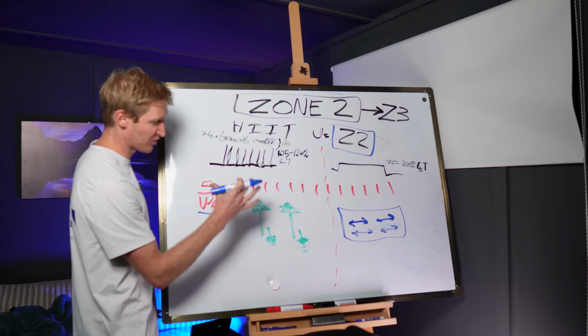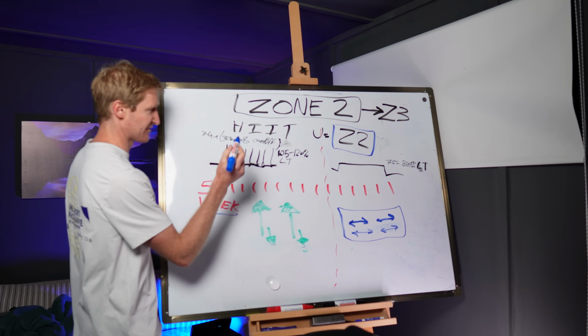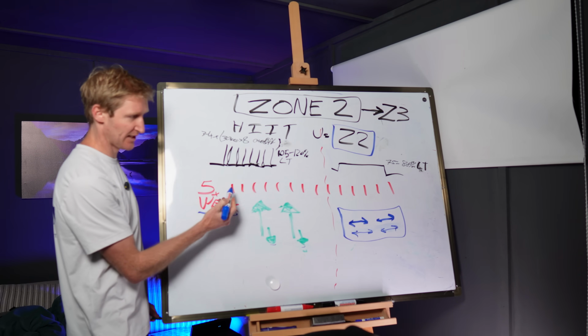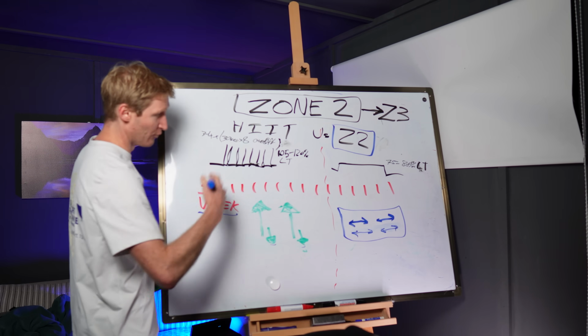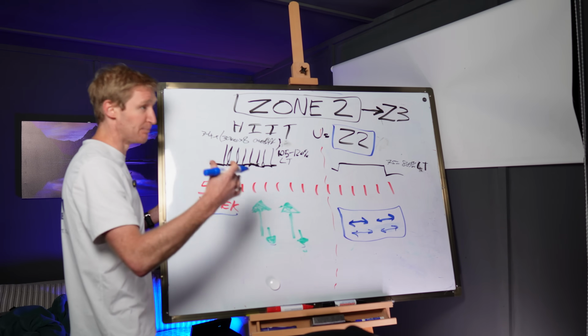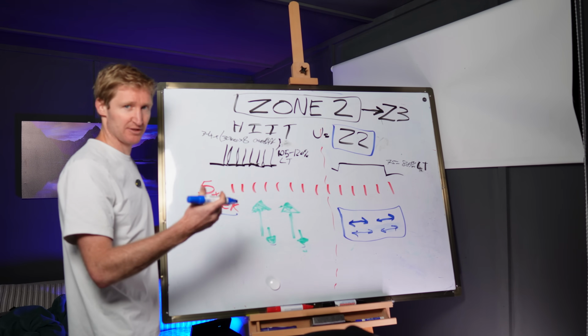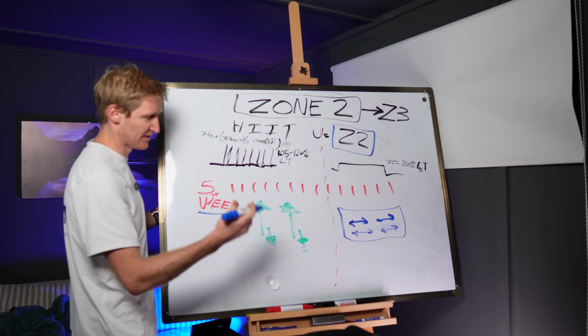Like we can get a far more condensed dose of stimulus for mitochondrial biogenesis through high intensity interval training, but we may not be able to get the chronic over time period where we can then build a chronic adaptation to become a more fit, aerobically fit individual.